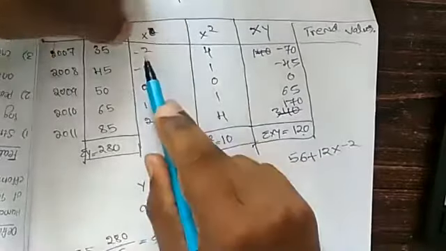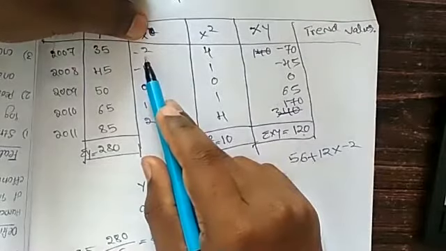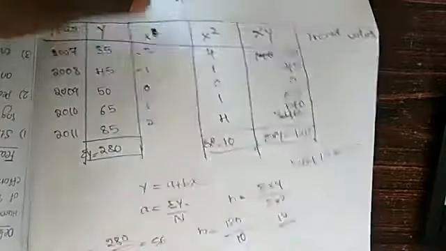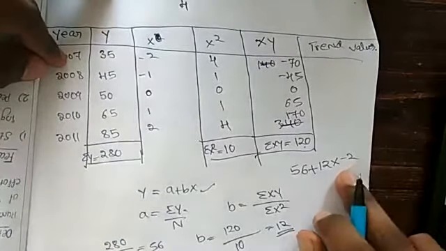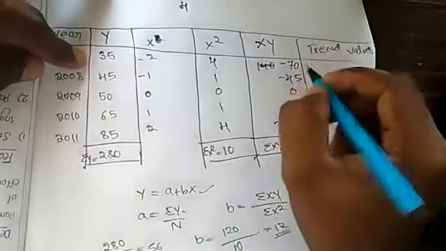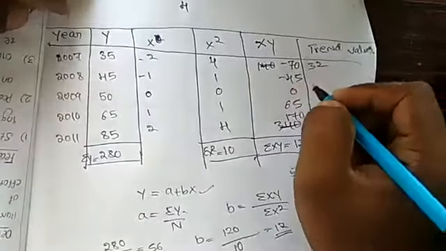Minus 2 is nothing but the x value. So 12 into 2, 24. 56 minus 24, you can find 32.